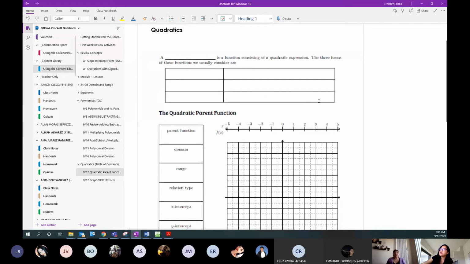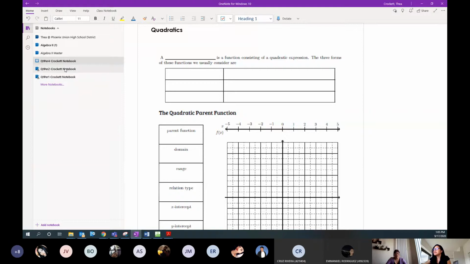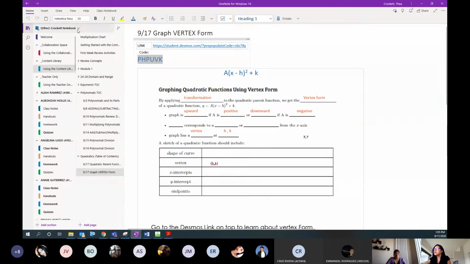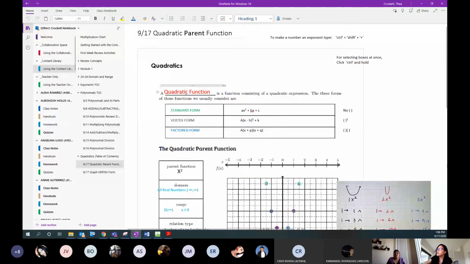Okay, so quadratics function have 3 forms, 1, 2, 3. And I'm just going to copy those from the other class. Okay, so I'm just going to copy this quadratic, and you can also do that to me later once I posted it.